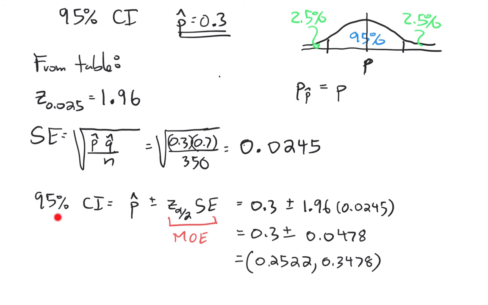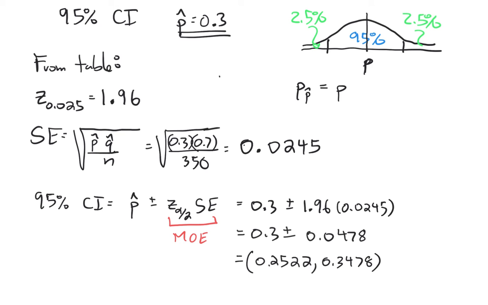We're 95% happy. We're 95% confident that the true proportion of Nova Scotians that will vote for the Progressive Conservatives in the next election is between 25.22% and 34.78%.